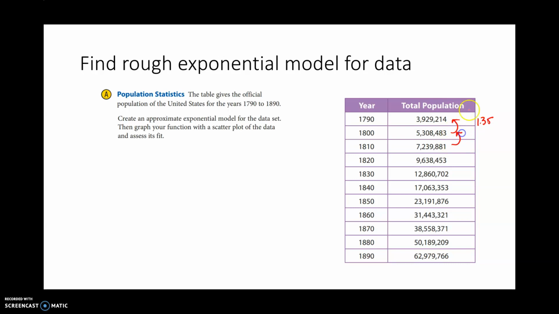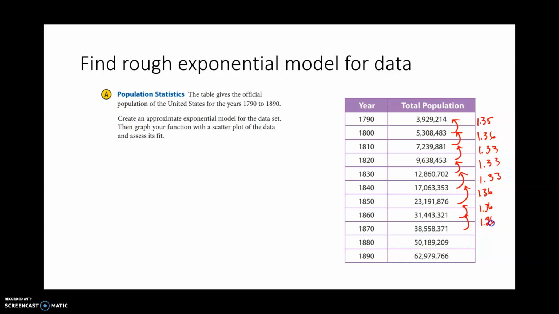If I divide it by this, I get 1.36. If I go through this list, I end up getting numbers that look like this. So that multiplier is rather consistent, isn't it? It's really close.